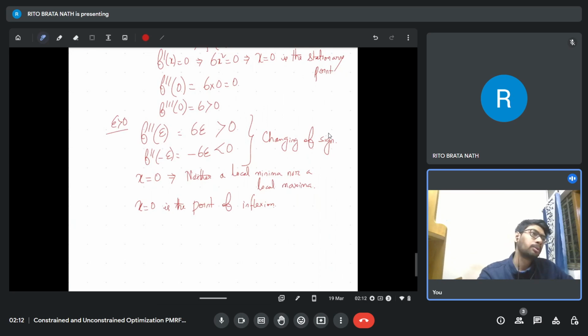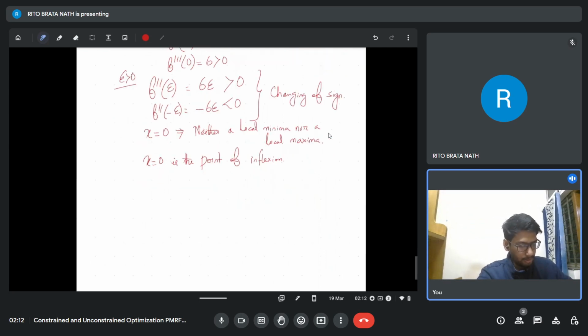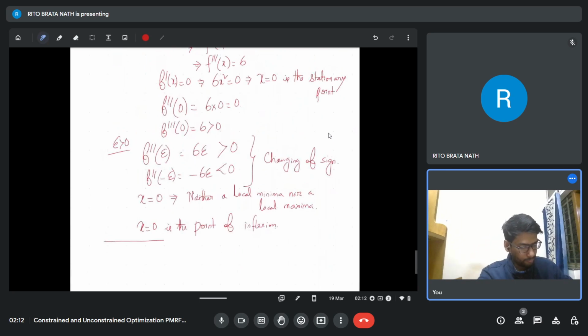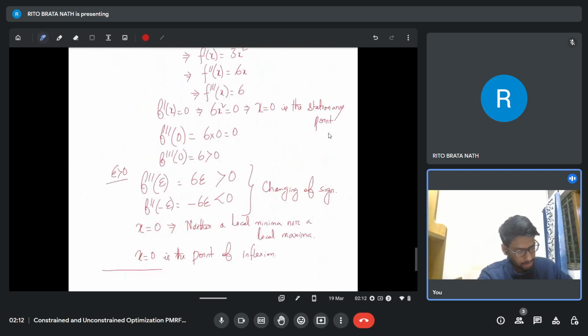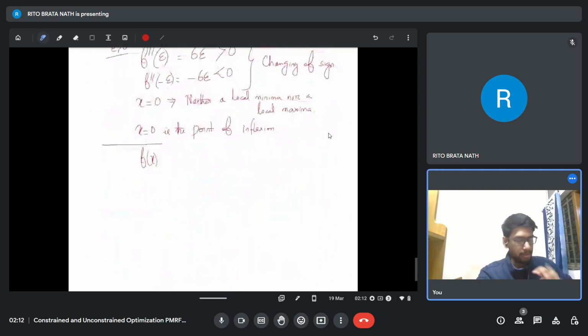Or you can think about it like, okay, so let me check with this. f(x) is x to the power 1 by 3, right? So if I take the value as 0, then it's neither local maxima nor local minima, because you can always take, say, a positive number and the value will keep on increasing, and a negative number then the value will keep on increasing, right?